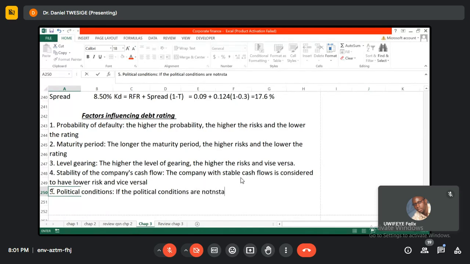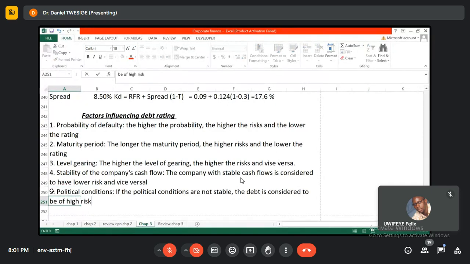The debt is considered to be of high risk.